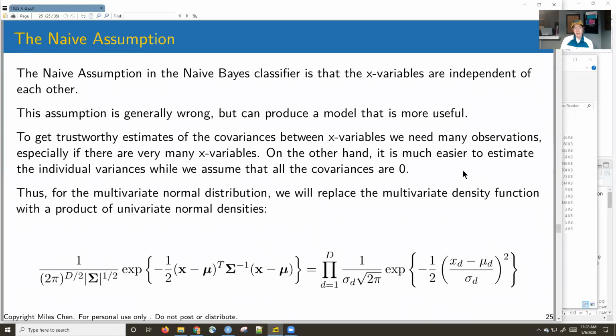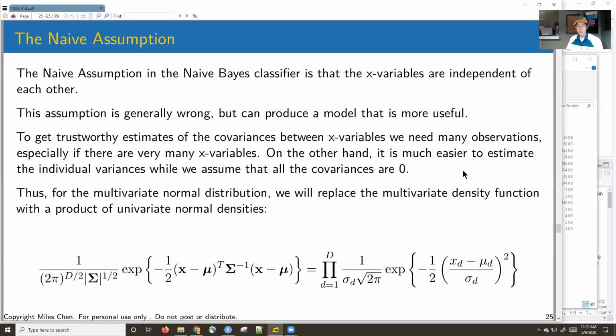So the naive Bayes classifier is the Bayes classifier, but we make a naive assumption. The naive assumption is that the x variables are independent of each other. This is often not the case. Usually, we would acknowledge that there is some correlation or covariance between our x variables.